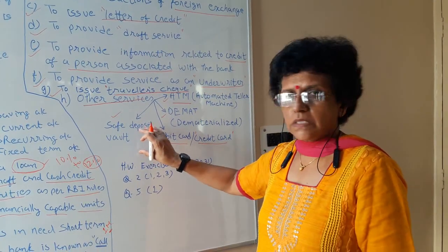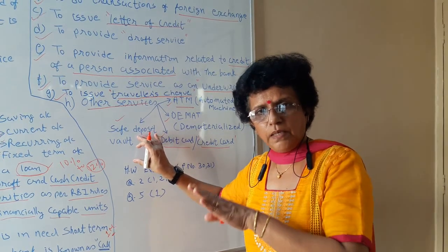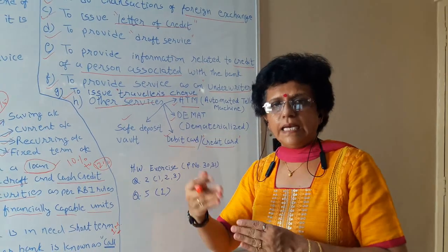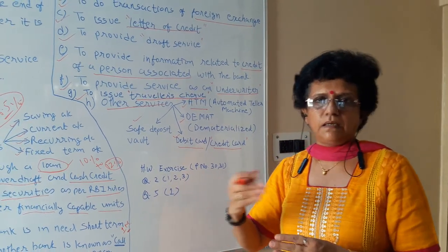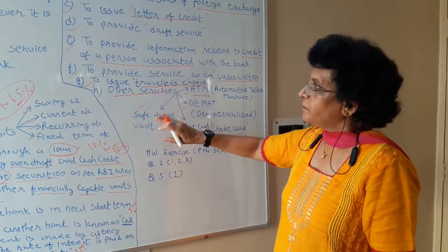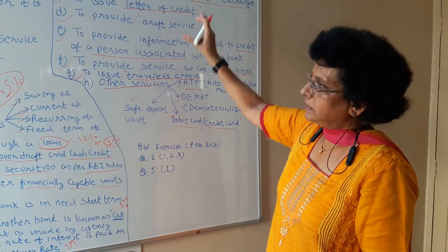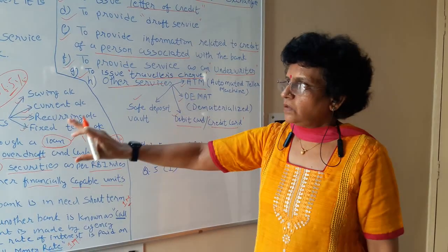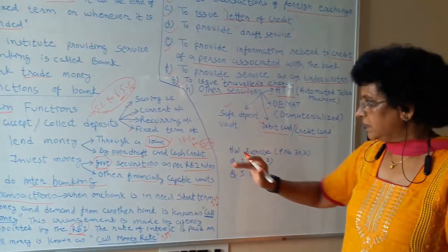Even for the safe deposit vault, whatever you keep in it, you have to take additional insurance for the safety of your belongings. In this manner the bank provides all the other subsidiary functions along with the main function.